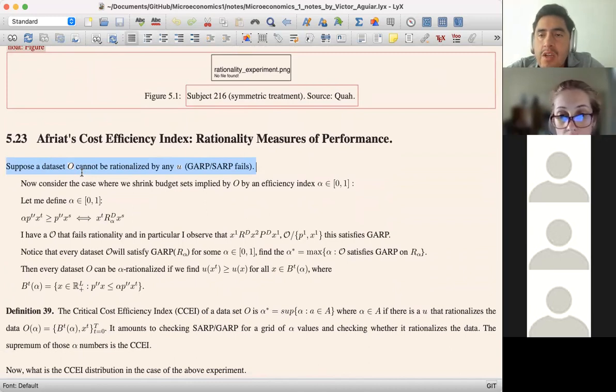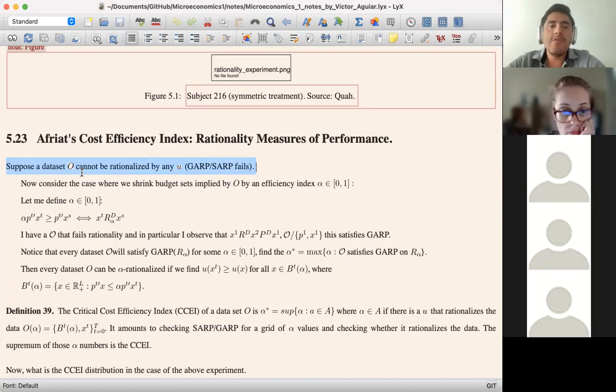Essentially we say, look, you take the lazy approach that all models are wrong, right? Hence it doesn't matter if it's wrong, it matters how wrong it is, right? So if you want to measure how wrong it is, you have to create a measure of this, right? And this is the rationality measures of performance.